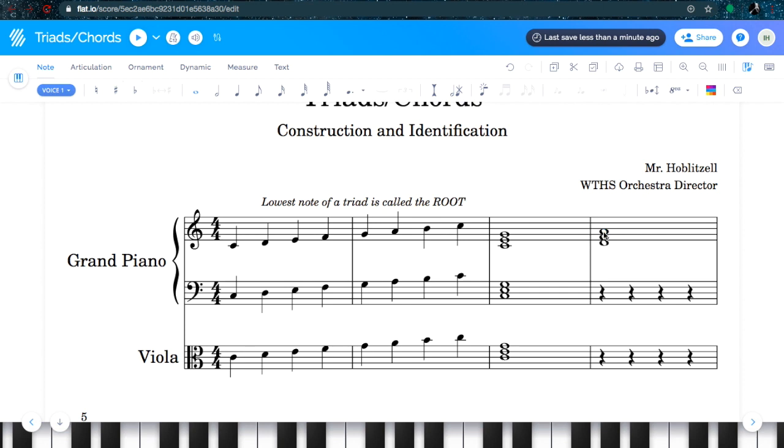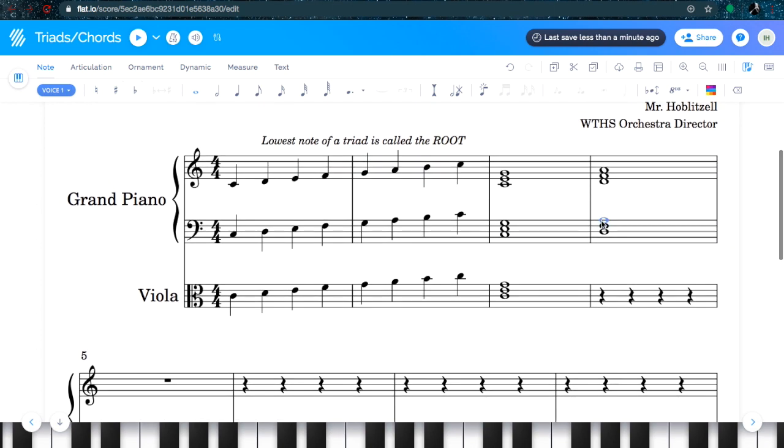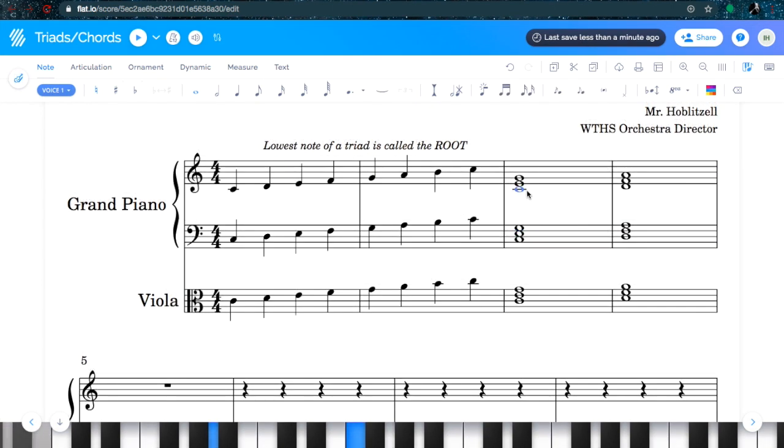And we get A. So we have D, F natural, A. Let's turn that into a whole note. There we go. And then A, good. So we have these 2 diatonic triads. They're diatonic because all the notes in them are within the key of C major. Therefore, they are diatonic in the key of C.